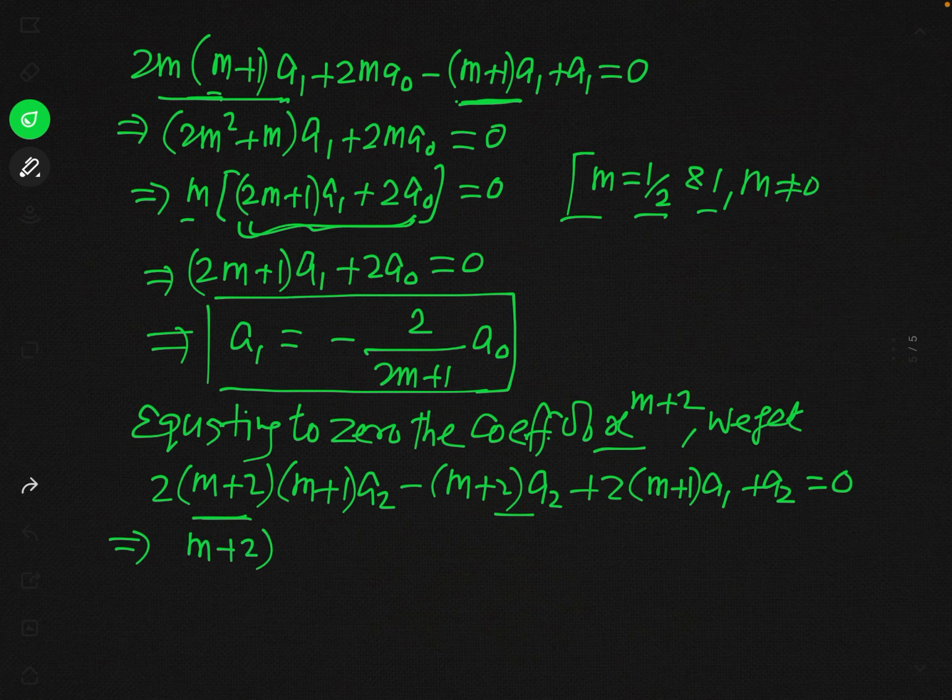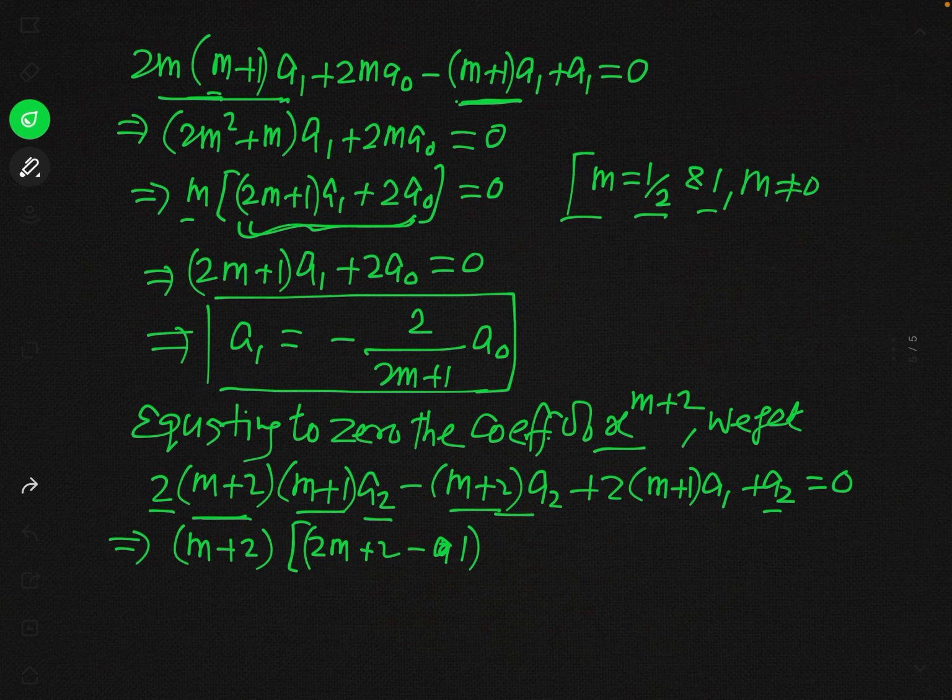You can see (m plus 2) will be taken as a common factor, and a2 also, and here is also a2 in fact. So here will be 2m plus 2. Multiply this 2 to this (m plus 1), so this will be 2m plus 2, and since (m plus 2) has been taken as a common factor, here will be only minus 1.